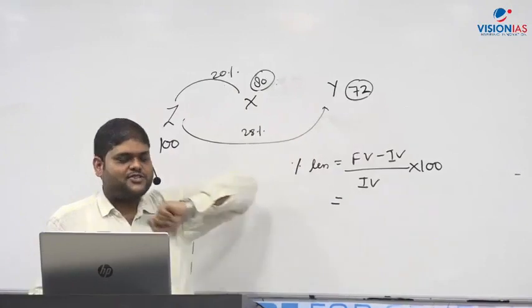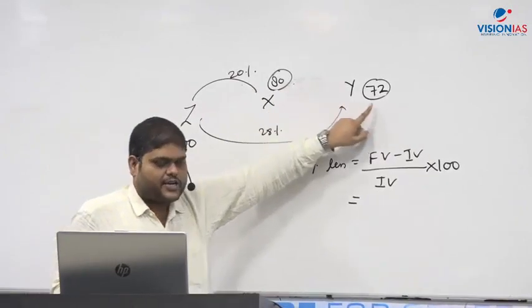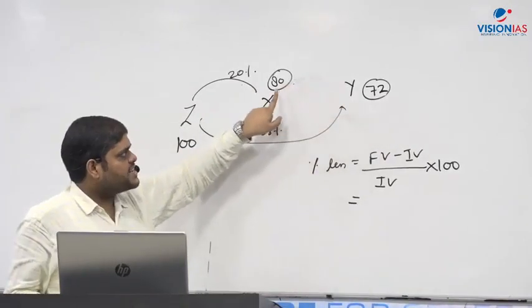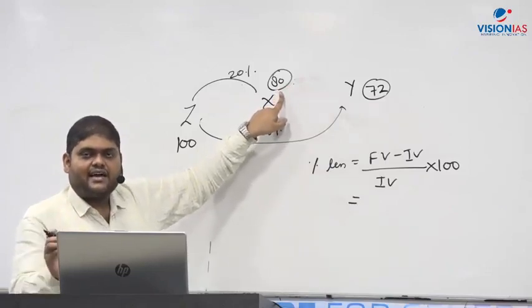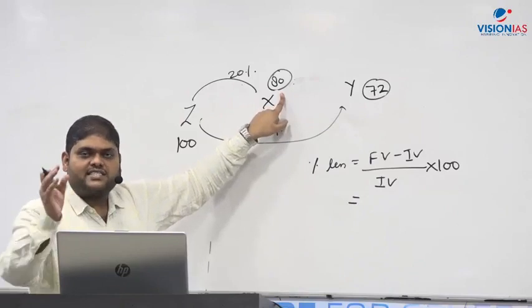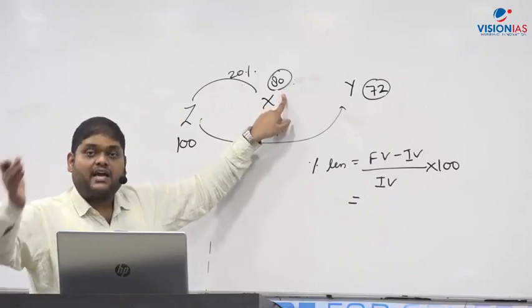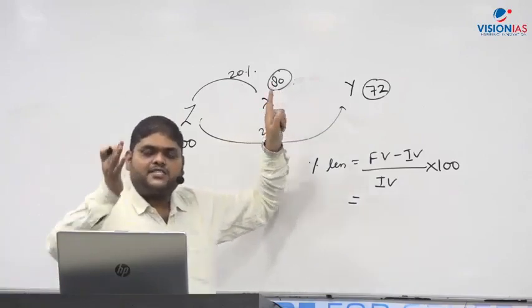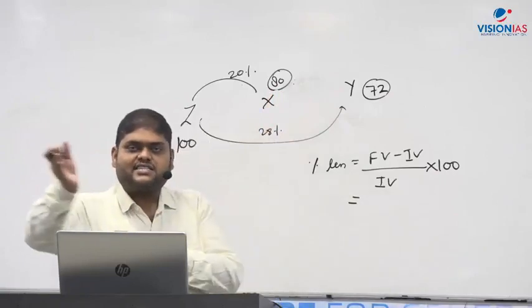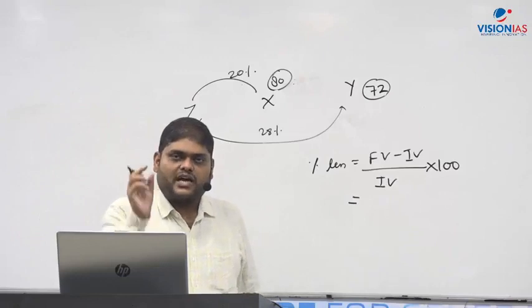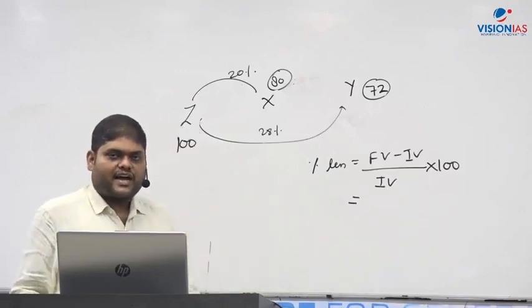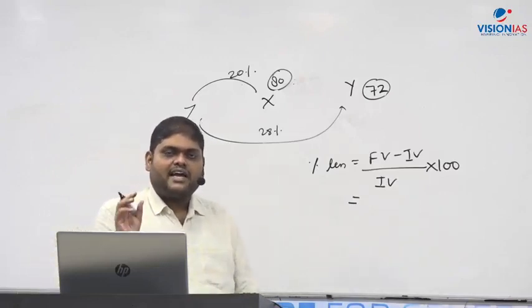So now what is the question? 72 is how much percent less than 80? Remind yourself, when it says less than something, in percent of change, that value becomes the initial value.